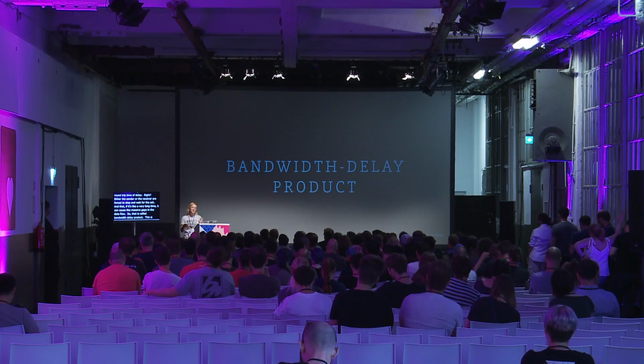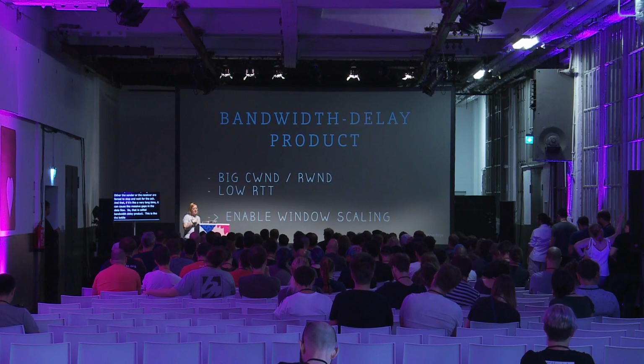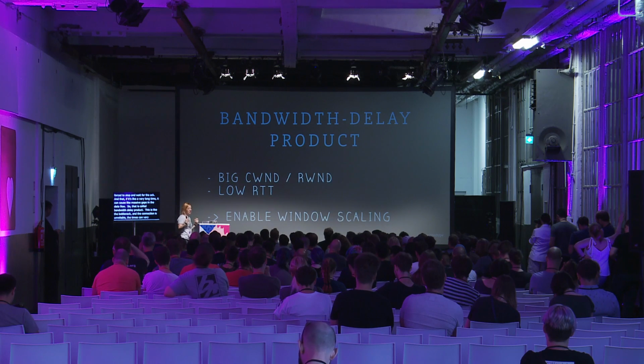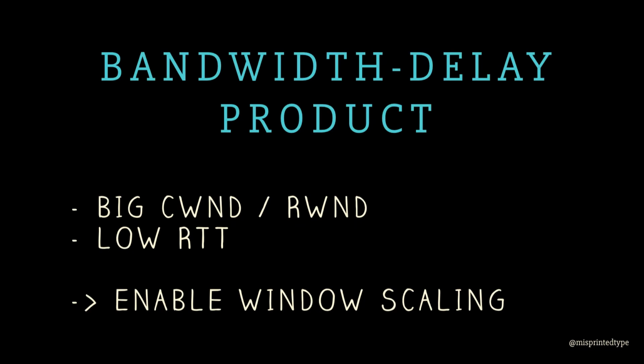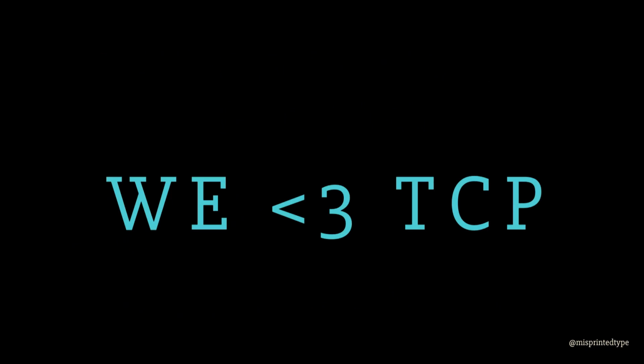This effect is called the bandwidth delay product. Round trip time is our bottleneck, and when the connection is unreliable, the times can vary a lot. So a good idea is to optimize your window size values so that the round trip time is enough to get the ACK back. The bigger the window size without package loss and the smaller the round trip time, the better. You can also use window scaling because it helps with that.